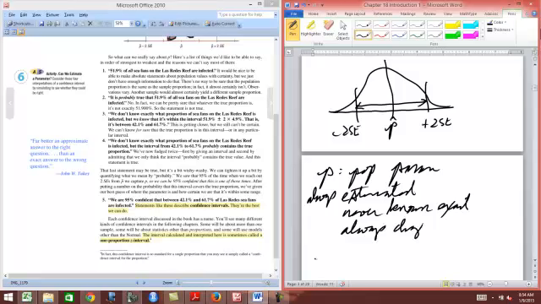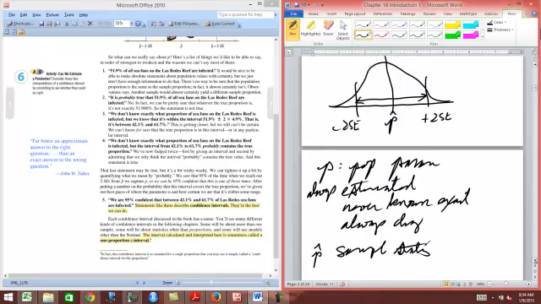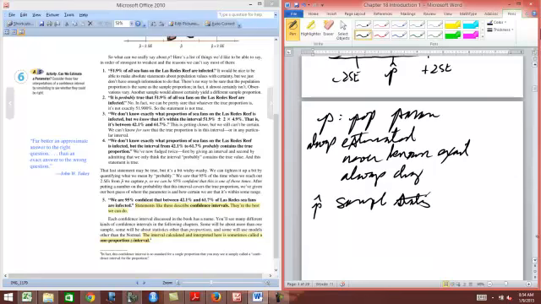Okay? Now, p hat is a sample statistic. And it is never estimated. Never estimated.